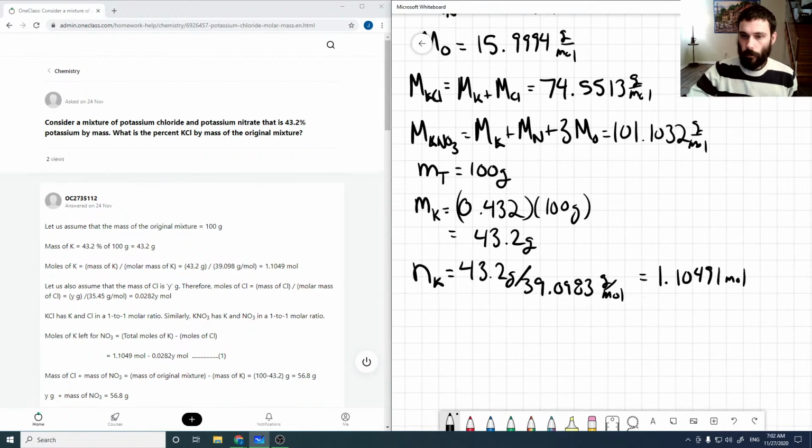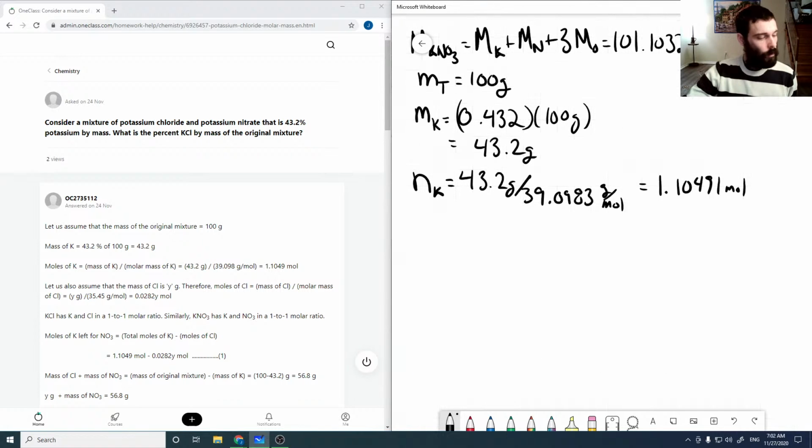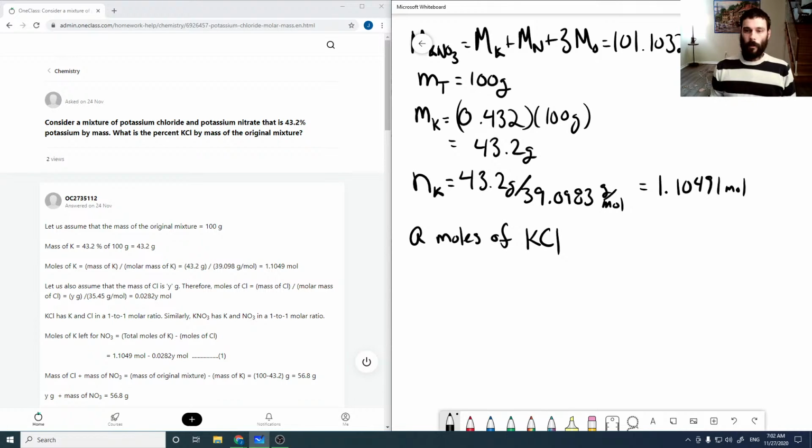Okay, so if we consider A moles of KCl, and remember that this is a 1-to-1, so we get A moles of K from A moles of KCl. And maybe I'll just use a capital A just to differentiate a bit.